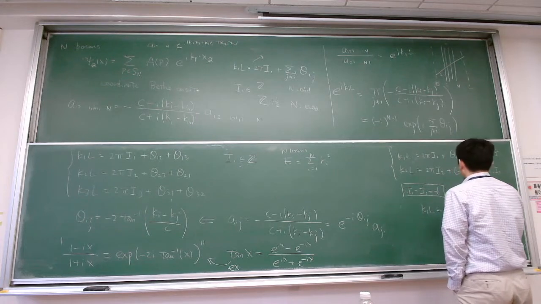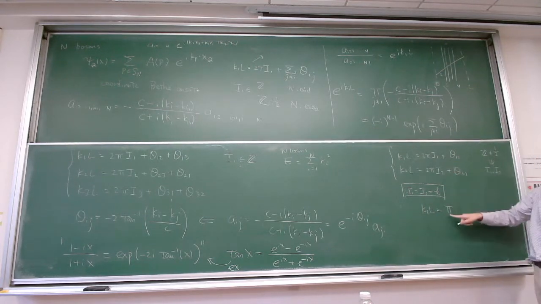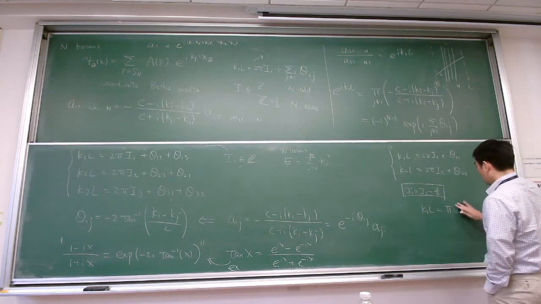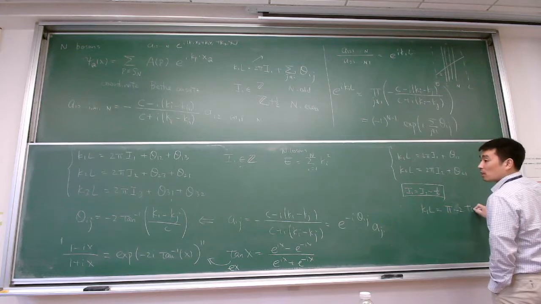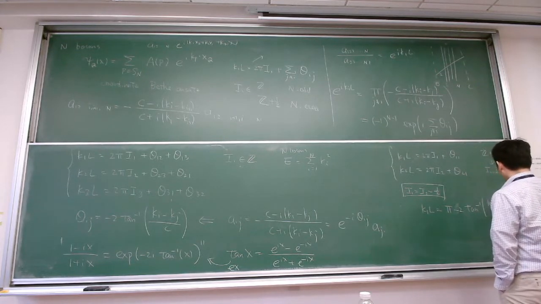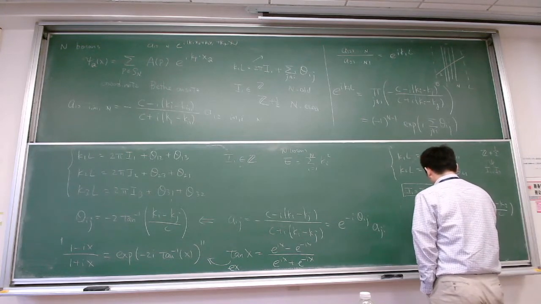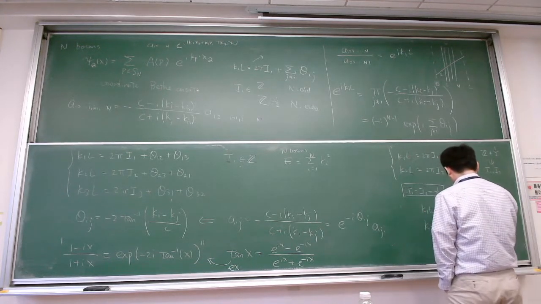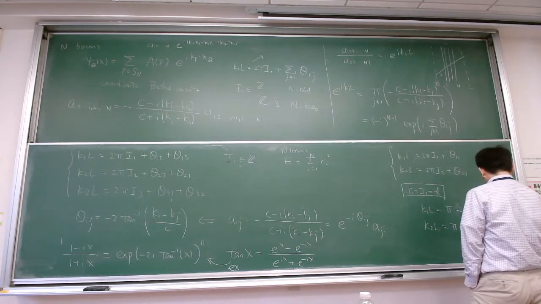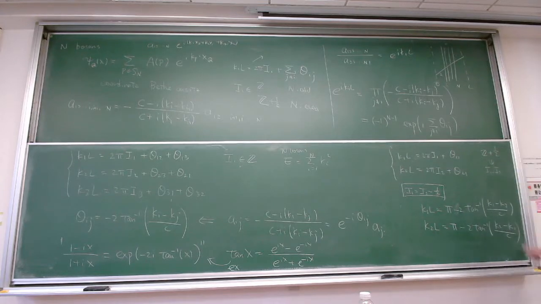Just plug that in here, you get pi minus 2 tan inverse of (K1 minus K2) divided by C. And K2 L is equal to pi minus 2 tan inverse of (K2 minus K1) over C.